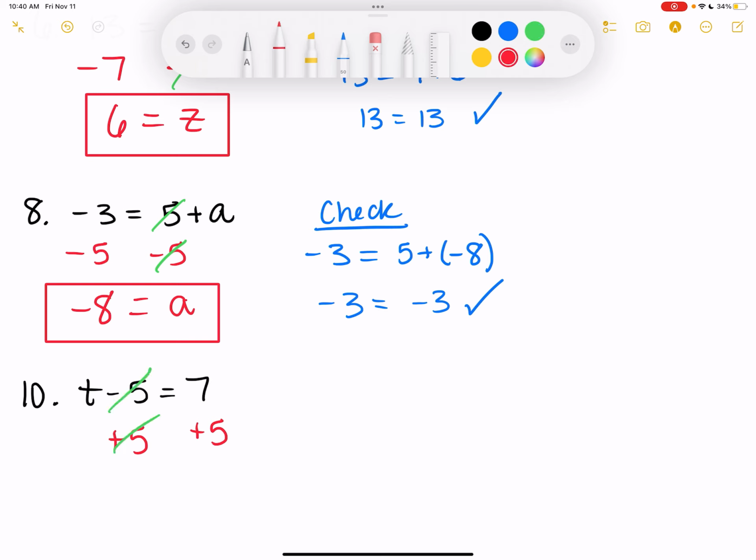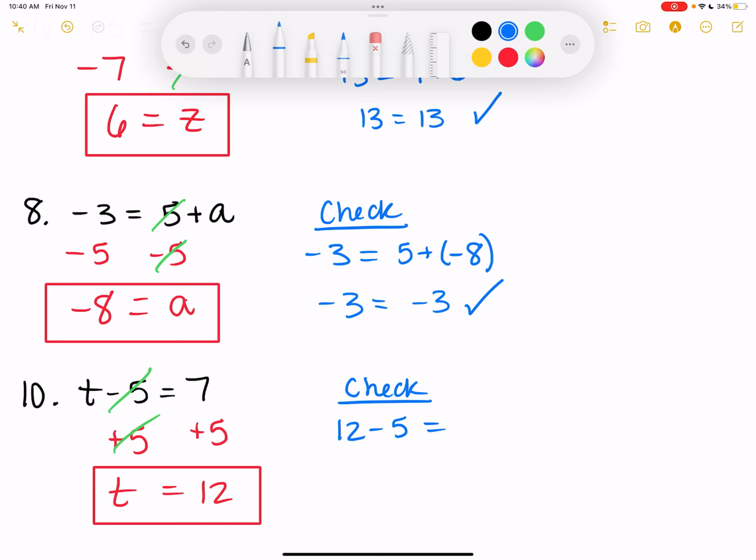So you're left with t equals 7 plus 5. 12. And then check by plugging 12 in for t. So 12 minus 5 equals 7. 12 minus 5 is 7. 7 equals 7.